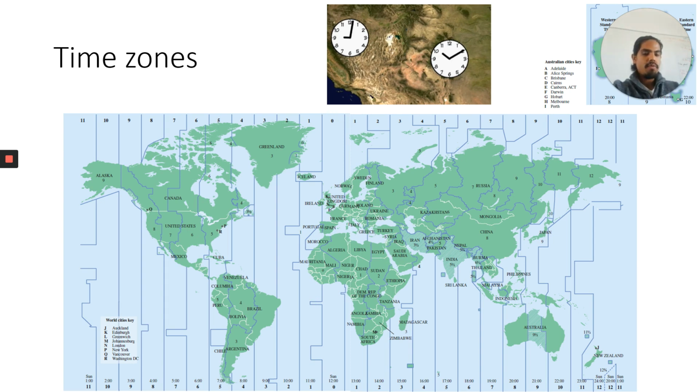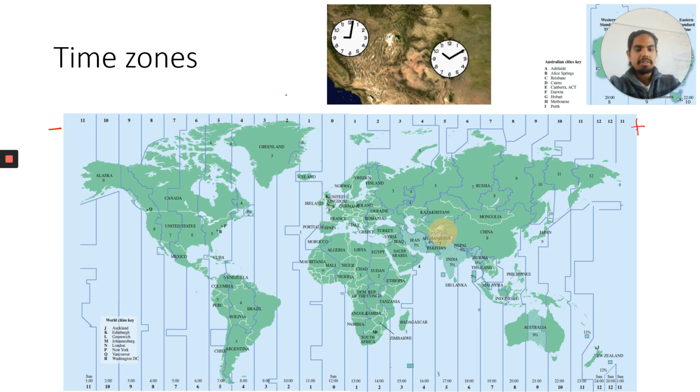As we move around the Earth, you can see that we are either going to be adding numbers, adding hours, or we are going to be subtracting hours. So we have this area, actually cuts through England somewhere here, right, where we have the prime meridian or the main line of longitude.